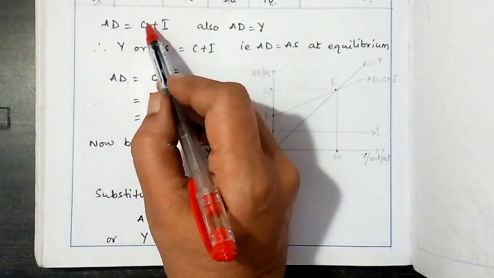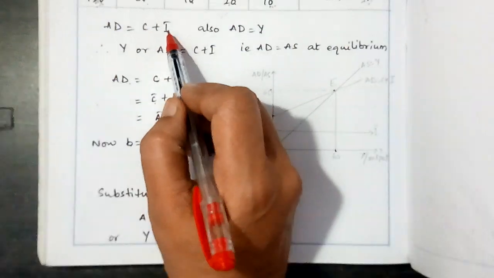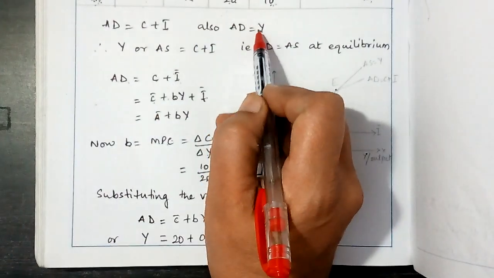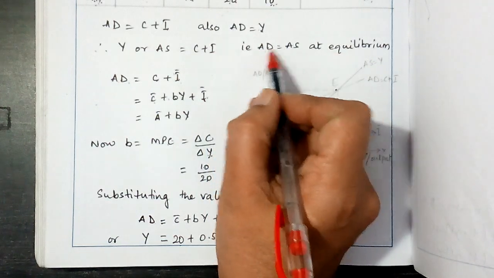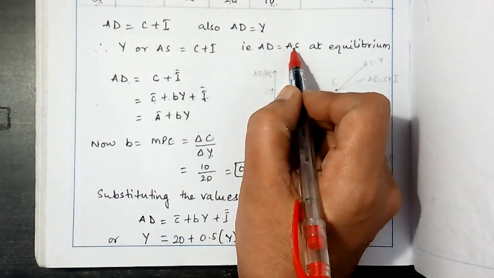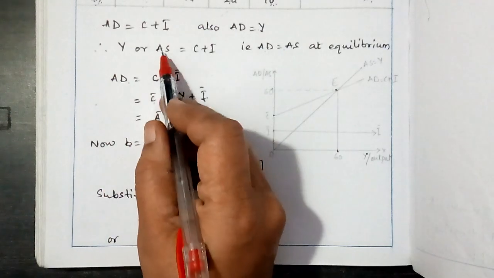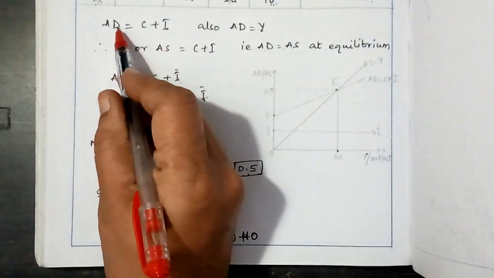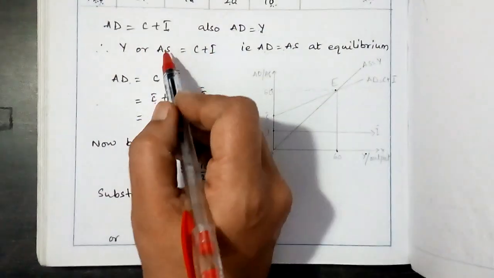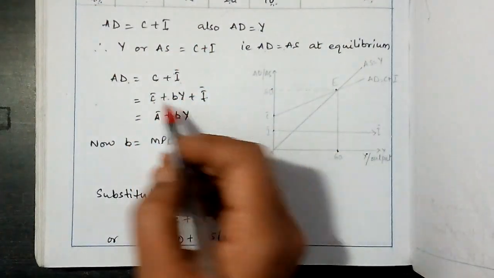Now aggregate demand is equal to consumption plus investment, and also AD is equal to Y, where Y is AS. So at equilibrium AD will be equal to AS. Now AS is equal to C plus I, that also we can write, because AD is equal to AS. So AD will be C plus I, or AS is equal to C plus I. Both are same.